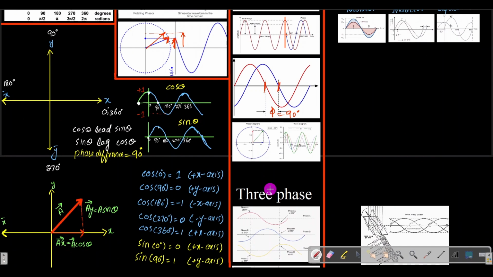So if we plot the phasor diagram for this phase difference, for the first vector, for this blue sinusoidal wave, we have this vector, and the magnitude of this vector is equal to the amplitude of this phase.